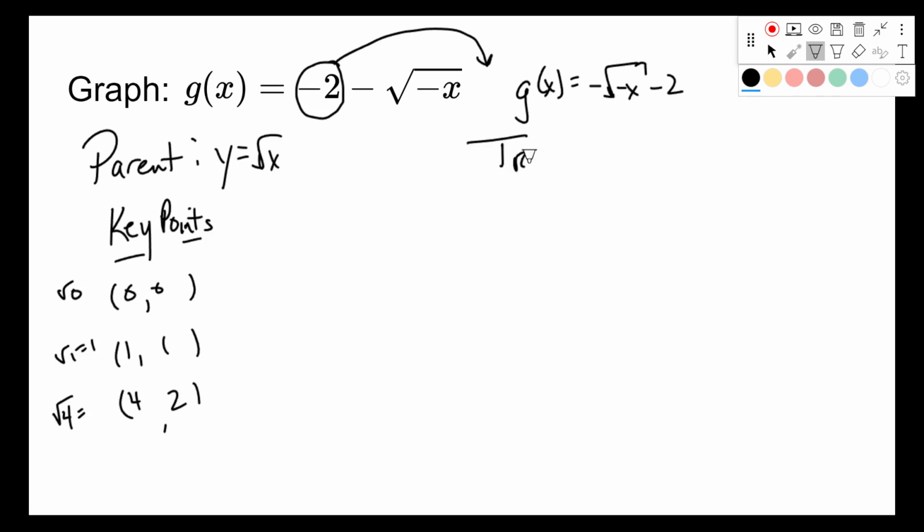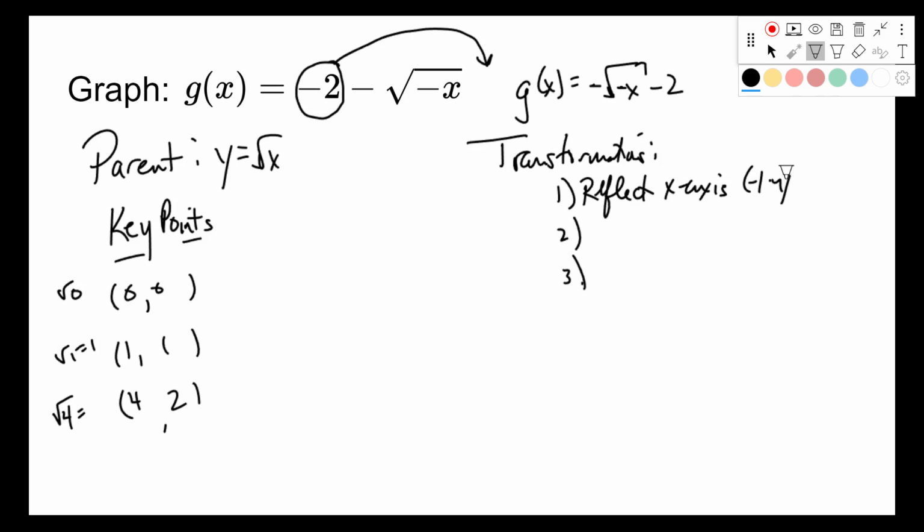Now let's identify our transformations. There are 3. That, and that are all going to do something. Okay? 3 transformations. This negative in the front is going to reflect the graph over the x-axis. Takes the y's, multiplies them by -1.